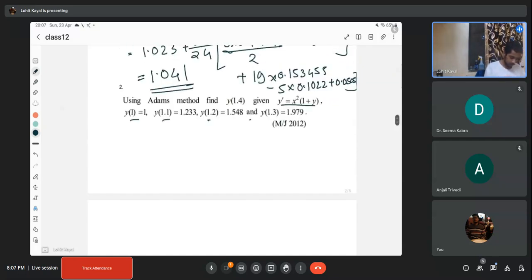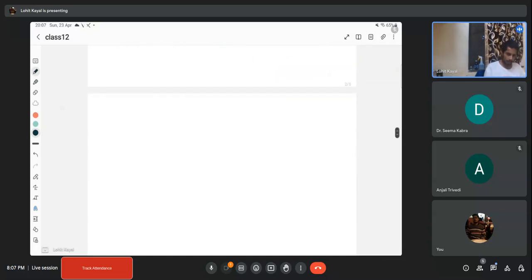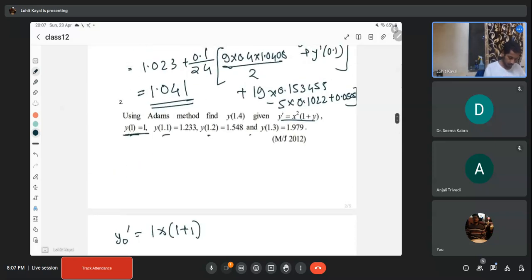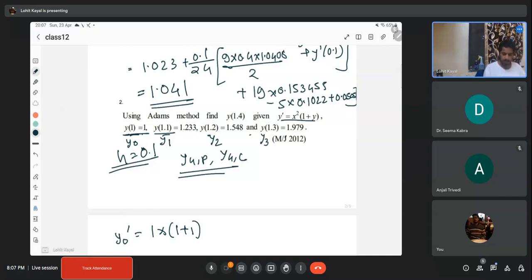So I am not writing the entire formula once again. So let me just write y0 prime. Y0 prime is 1 into 1 plus 1 because these values are provided. Here h equal to 0.1. I need to find y4p and y4c, right? This is my y0, this is y1, y2, and y3.